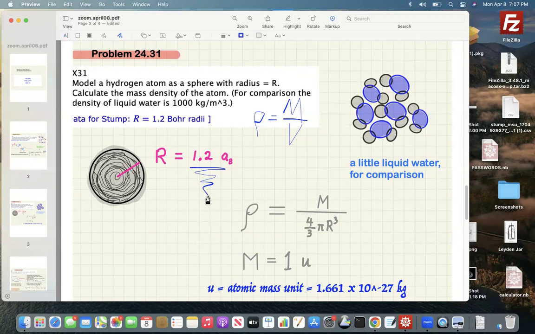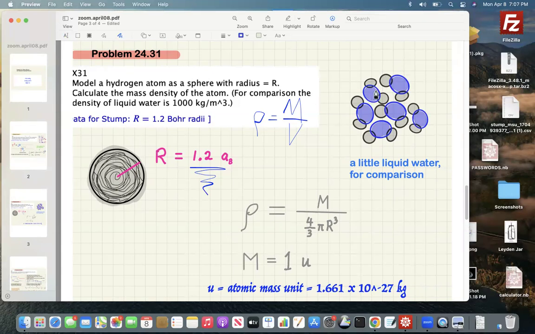You can look up the Bohr radius in the textbook, or you can just do a Google search. What is the Bohr radius? And you get a value for the density. Now, if you compare a single hydrogen atom to, let's say, liquid water, H2O molecules all kind of close together, the characteristic density of liquid water shouldn't be too far away from the density of one single hydrogen atom.